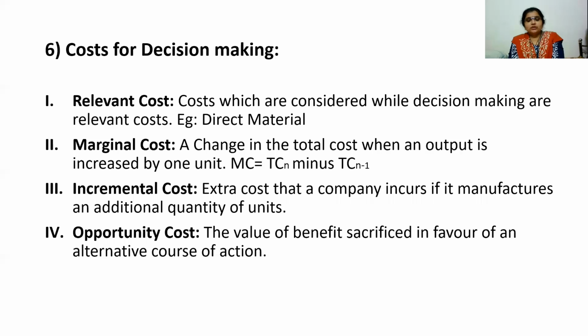Marginal cost is the cost which is incurred for producing one extra unit. That is the change in the total cost when output is increased by 1 unit. What is the expense we are going to incur for producing one extra unit? That is what we call marginal cost.